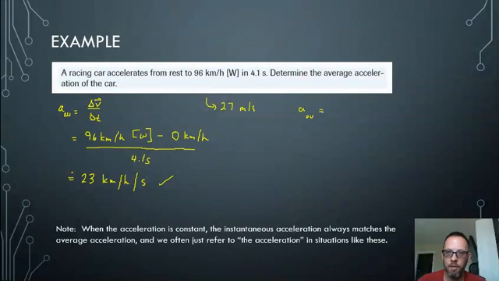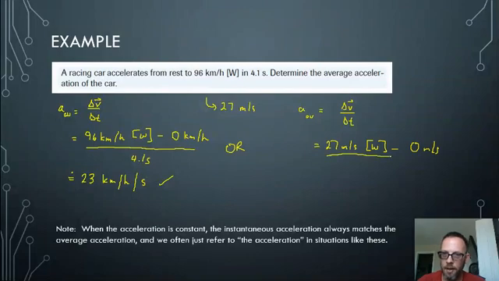The average acceleration, delta v over delta t, is 27 meters per second west minus 0 meters per second, over the same time interval, 4.1. And here we'll get meters per second per second. So 27 divided by 4.1 is about 6.6 meters per second squared.